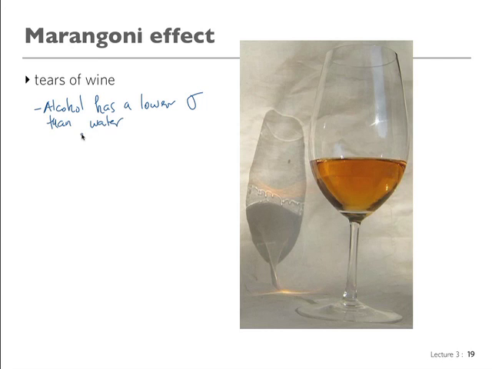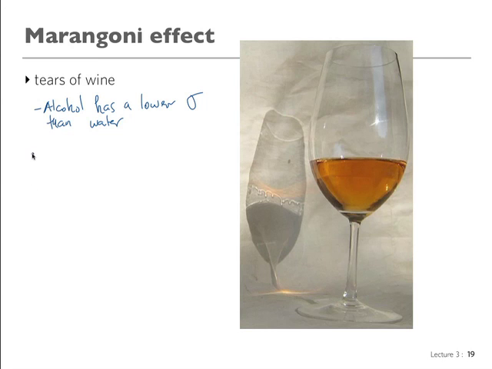And so alcohol and water mixed in different concentrations will, of course, produce regions of high surface tension and other regions of low surface tension.